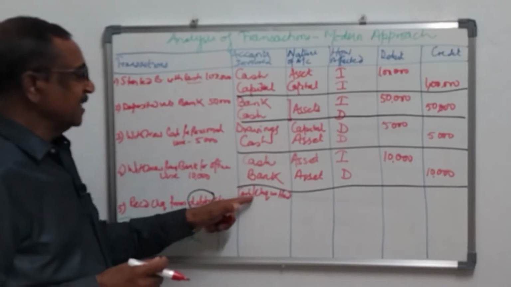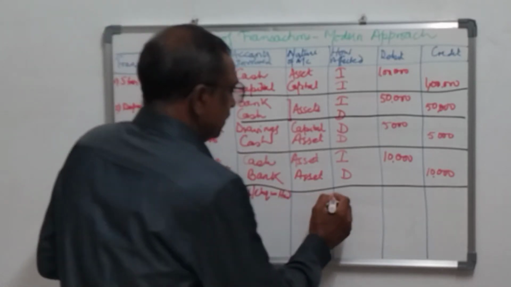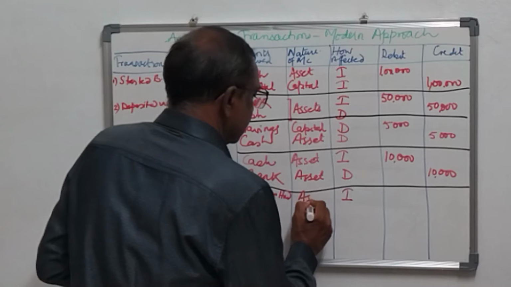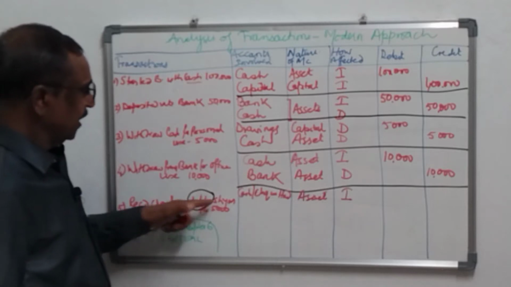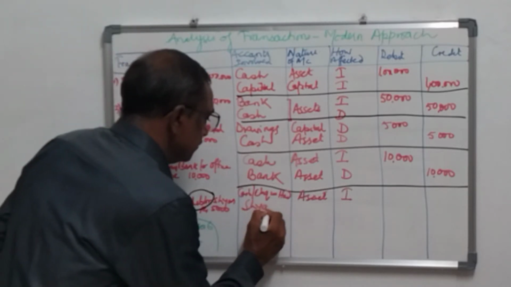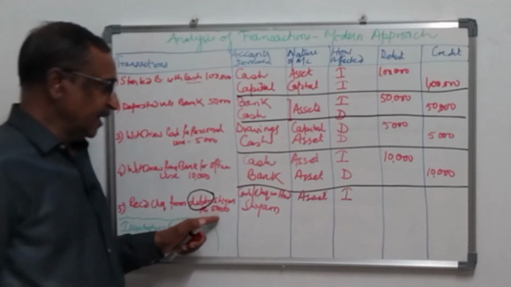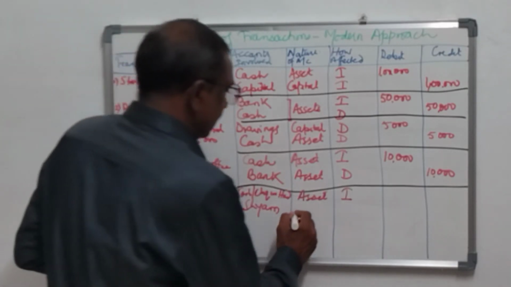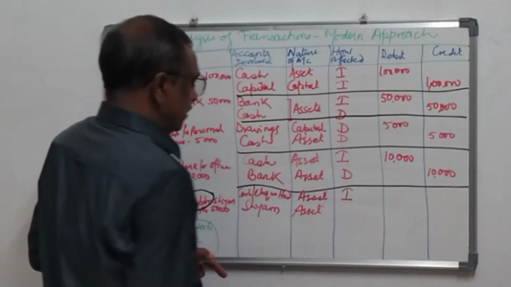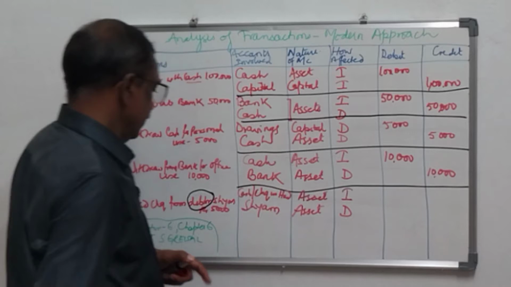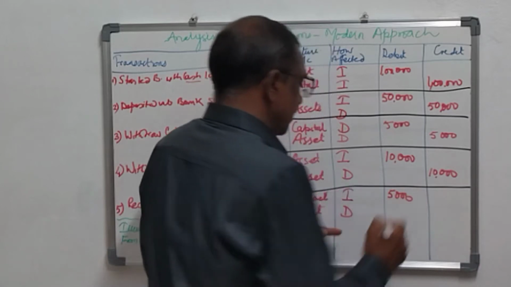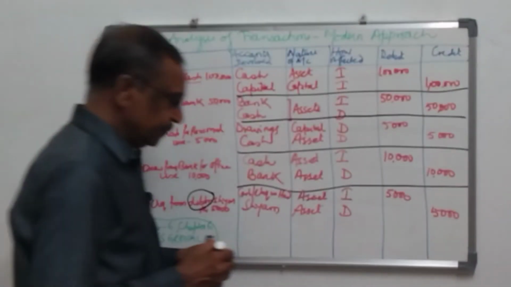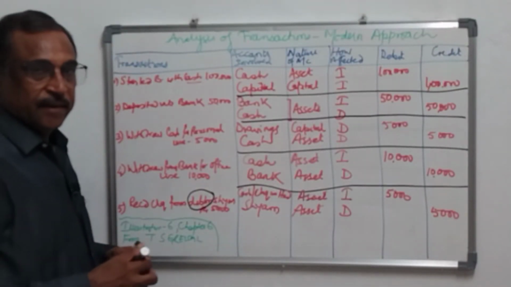So your cash in hand or cheque in hand is increasing and it is your asset. And the other account involved is Shyam. Shyam is your debtor, and being an asset, it is decreasing by 5,000. Increase in asset is debited and decrease in asset is credited. Okay? Clear?